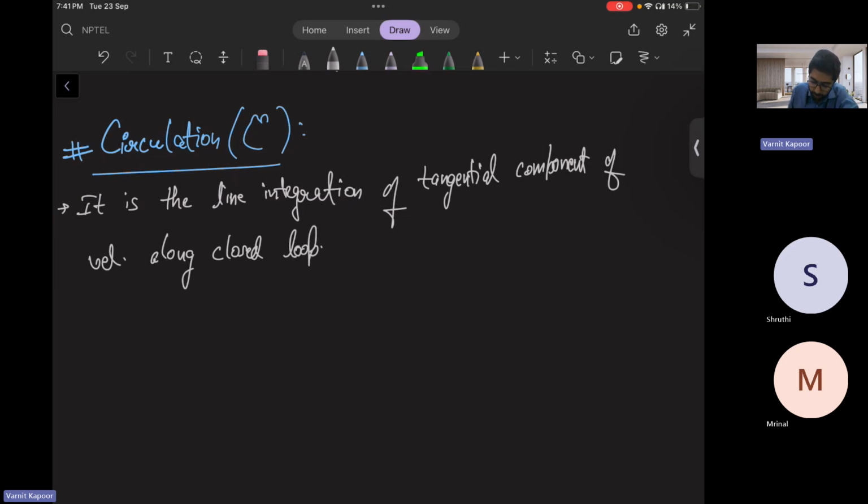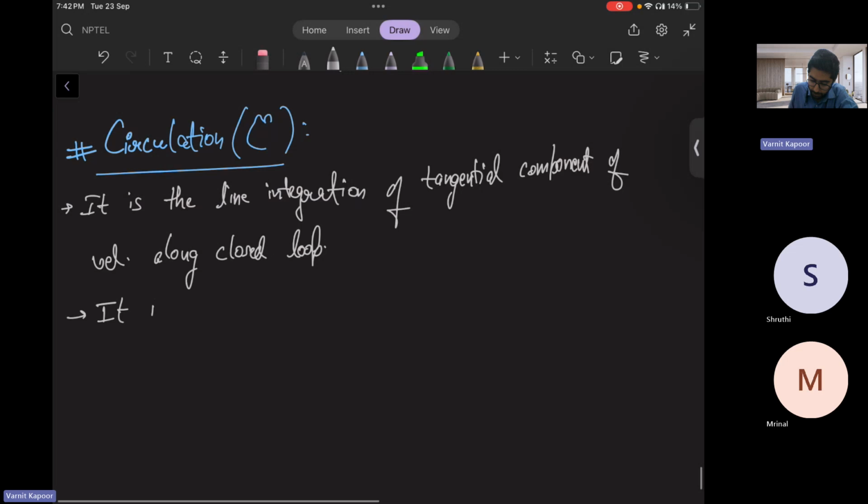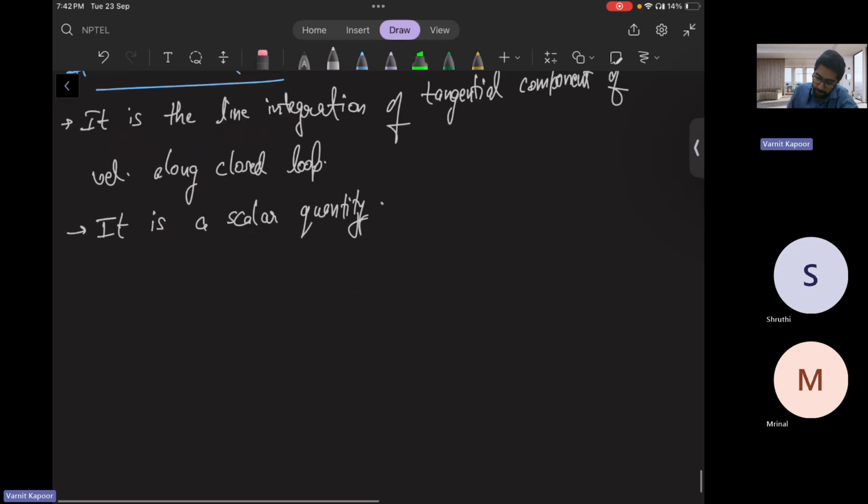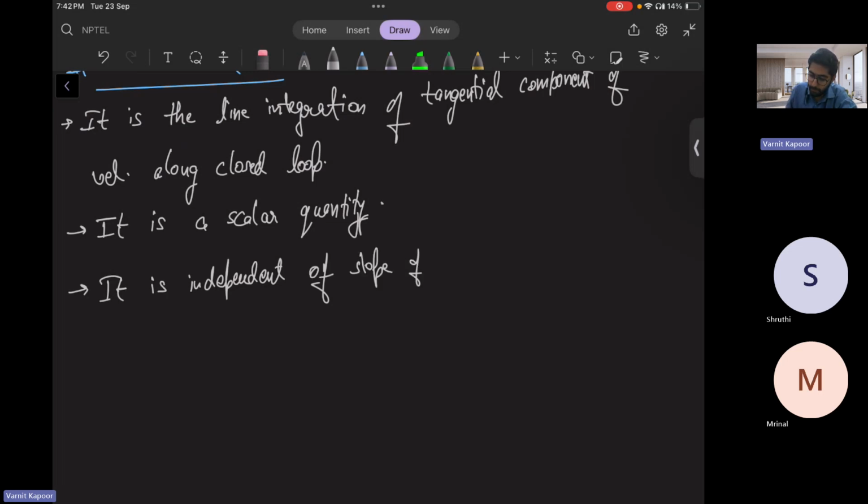It is a scalar quantity. It is independent of the slope of the loop and depends on area.